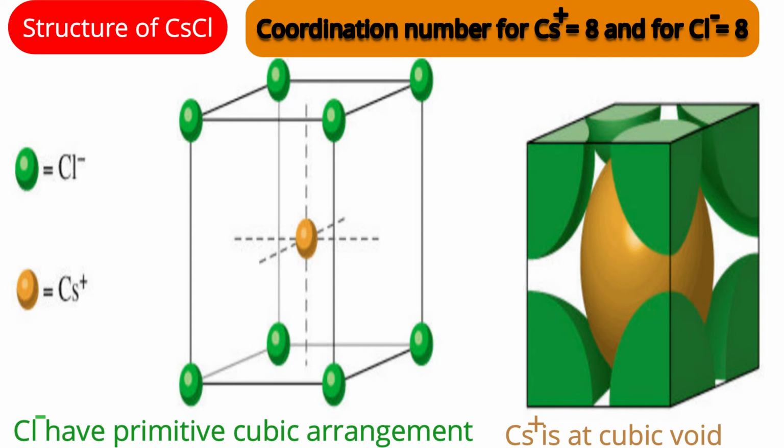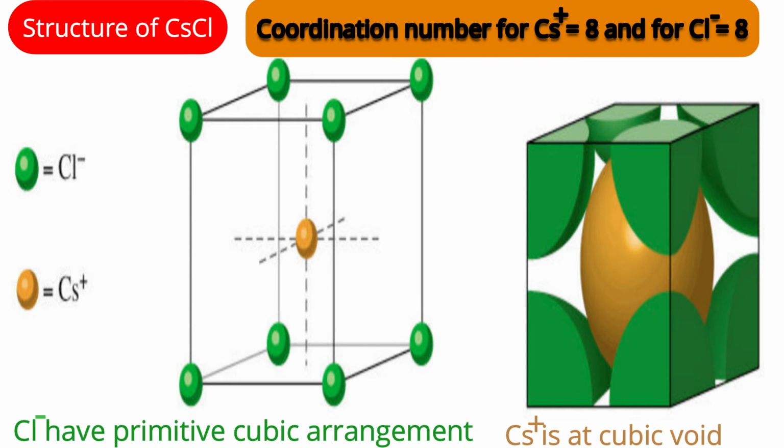What was the type of void or hole as per the radius ratio prediction? It was a cubic void. Yes. For the primitive cubic or simple cubic arrangement of the chloride ions, there is a gap at the center of the cube, the type of gap is a cubic gap, and that is occupied by the cesium plus ion.